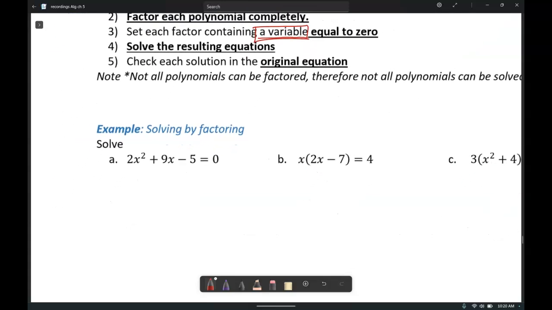Since it's already in standard form, we can go ahead and just factor, and we're looking for a product of a times c, which is -10, and a sum of 9. Well, the two numbers that are going to give us that are 10x and -x. We can go ahead and factor by grouping.